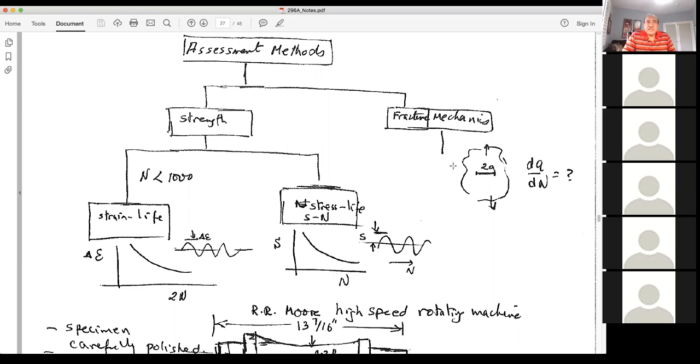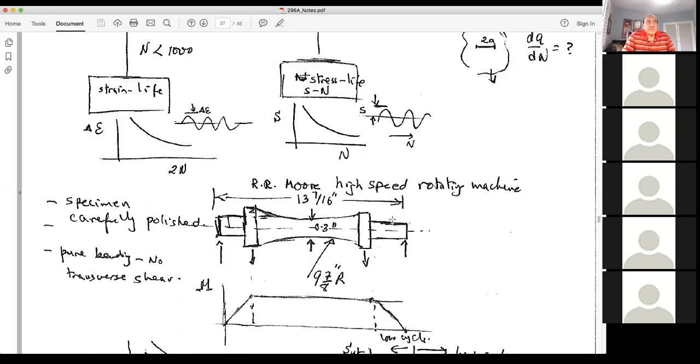The third one is fracture mechanics based, and we have a correlation based on experimental data, and it's put into the form of an equation called the Paris equation that tells us the rate of growth of the crack as a function of the number of cycles. So we're going to review fracture mechanics and the SN method and give a few applications.